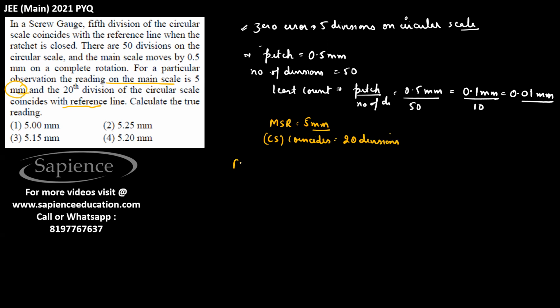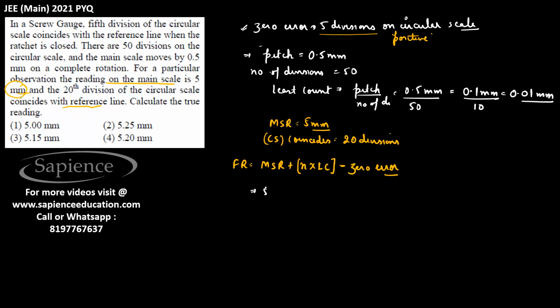The final reading is equal to MSR plus n into the least count, minus the zero error. Basically, we will use, according to NCERT, minus zero error, and this is a positive zero error. So we have to calculate the final reading.